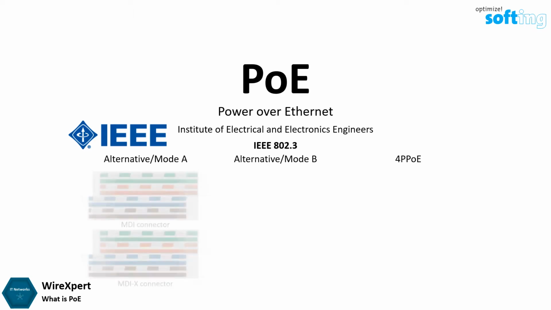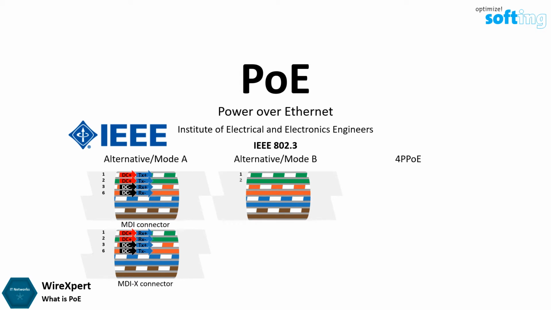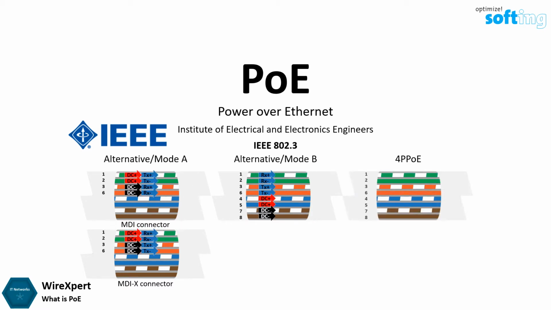Mode A uses pairs 1, 2 and 3, 6 of an Ethernet link to deliver both power with data. Mode B uses pairs 1, 2 and 3, 6 to deliver data, using spare pairs 4, 5 and 7, 8 to deliver power. 4 pairs PoE uses all 4 pairs of a twisted pair cable to deliver both power and data.